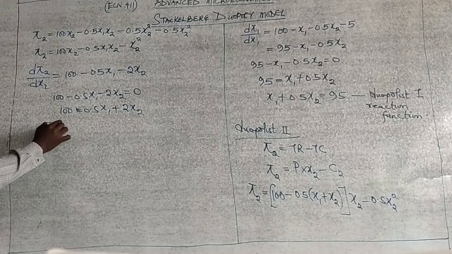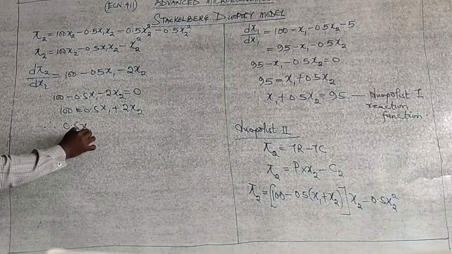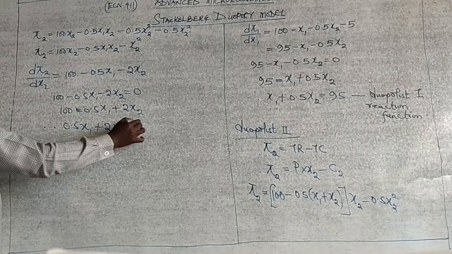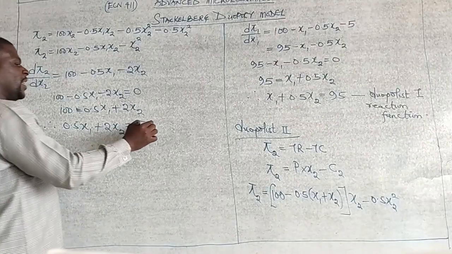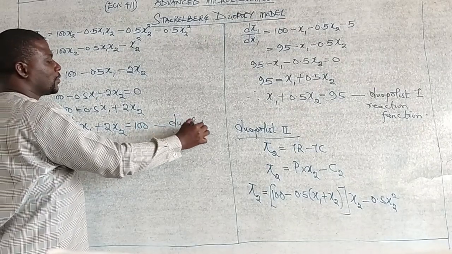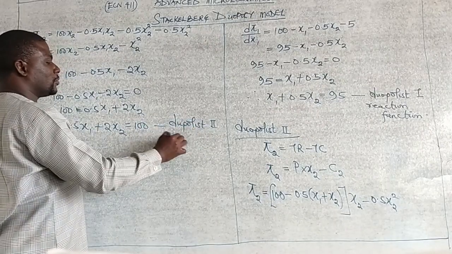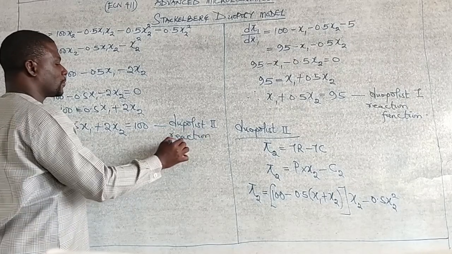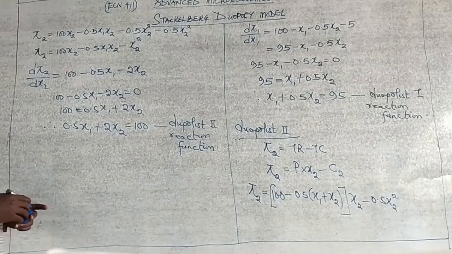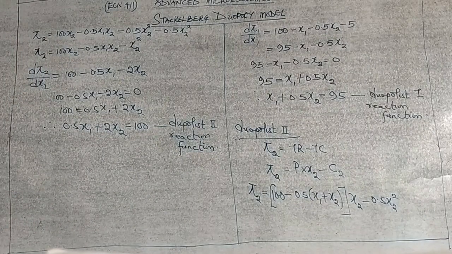Writing it well, I'm going to have 0.5 x1 plus 2x2 equals 100. So this is duopolist two's reaction function. A question can ask you to find the reaction function.